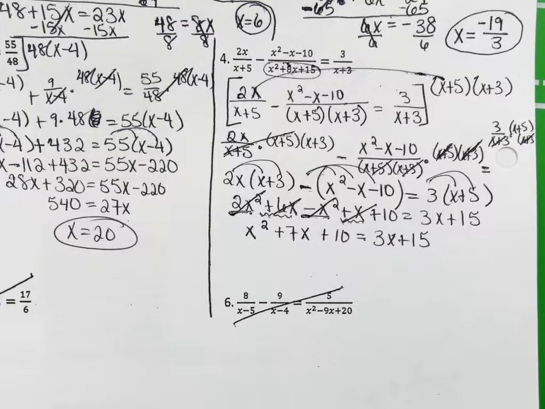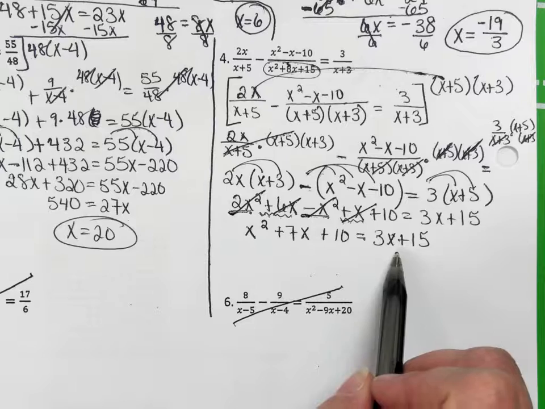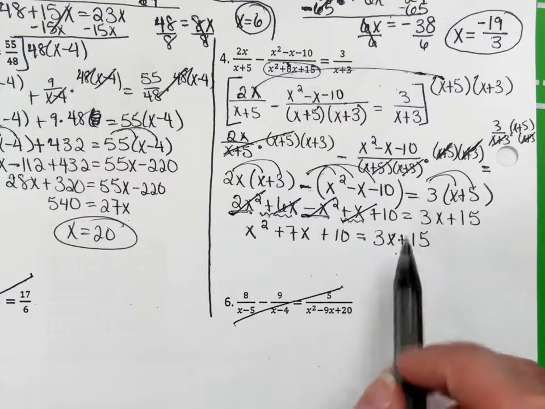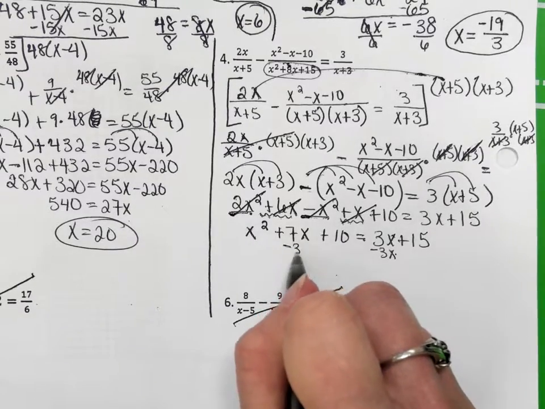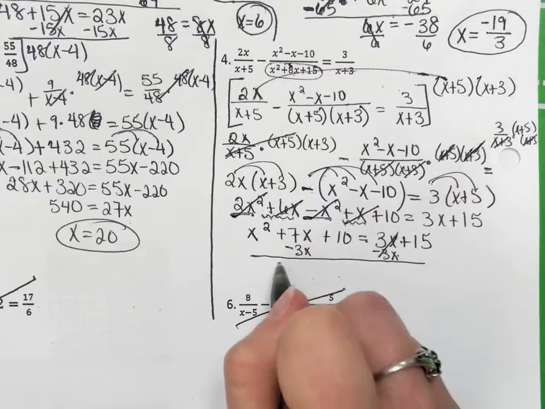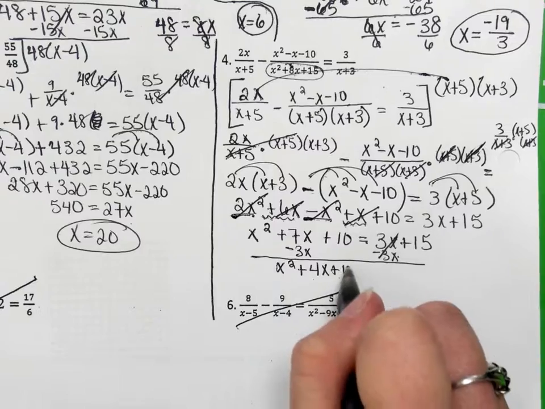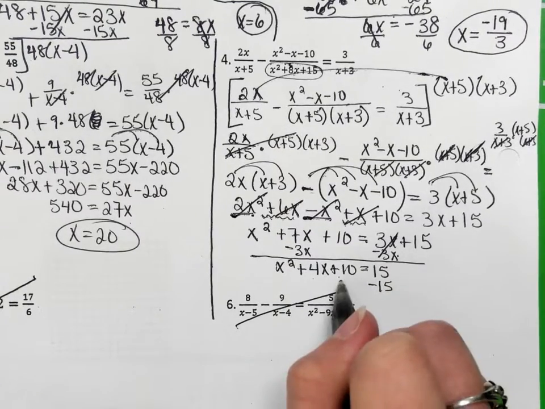Alright, so when you got an exponent, you want everything to one side and you want it to equal what number? What do you want this to equal? 0. So I'm going to move the 3x. 7x minus 3x is 4x. And you're going to move the 15.